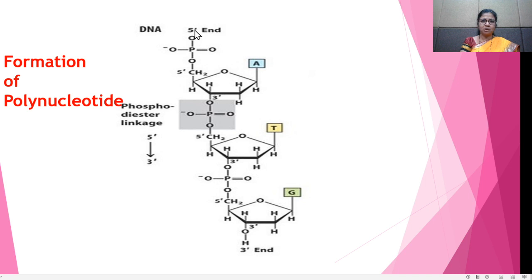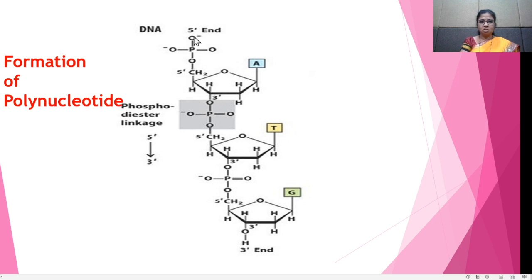This one is the 5' end, because this phosphate group is attached to the 5' carbon atom of the sugar. This is the 5' and this is the 3'. There is the linkage at the 5' carbon atom and 3' carbon atom.